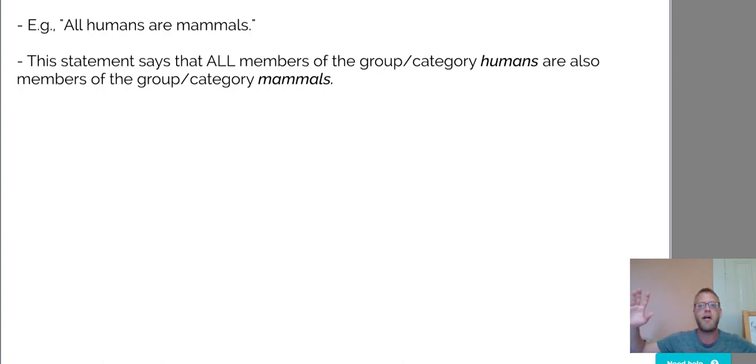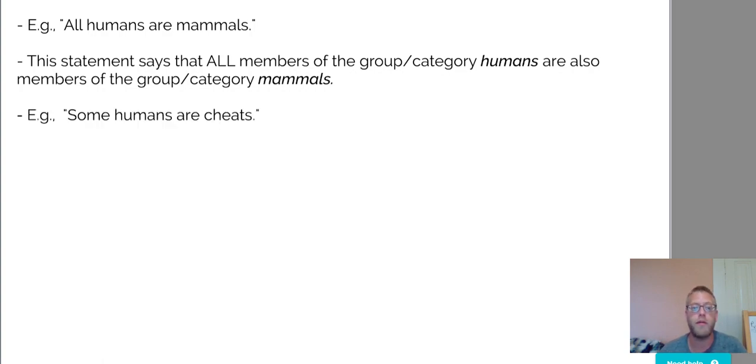It's exactly what we're trying to avoid, but we can do this in imagination. Group all the mammals together. What are you going to find within that group? You're going to find the entire group of human beings. Right? The entire group or category of humans is going to be right inside of that category. That's what that statement is saying. Right? It's basically saying all the members of the class of human are also members of the class of mammals.